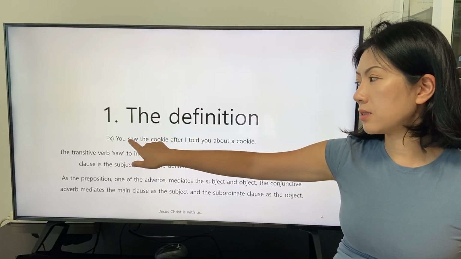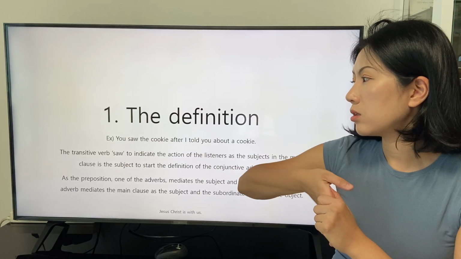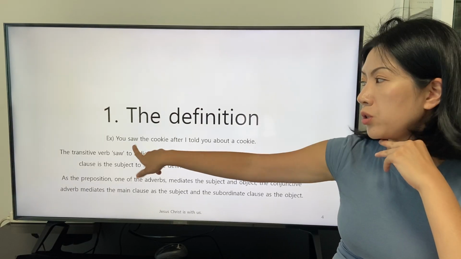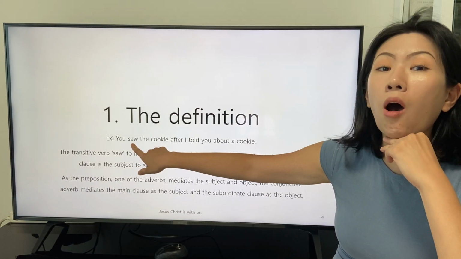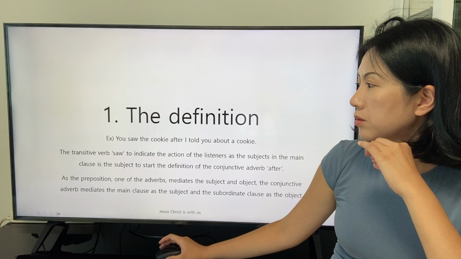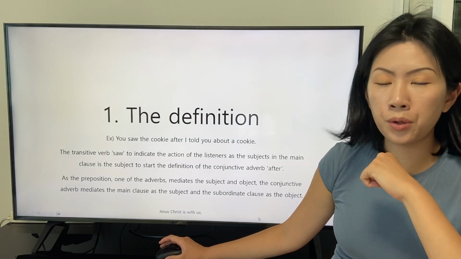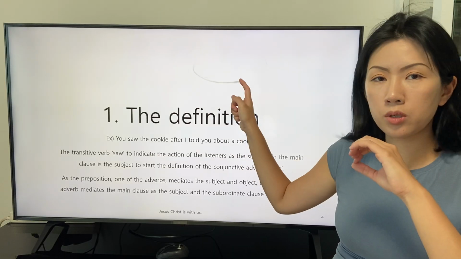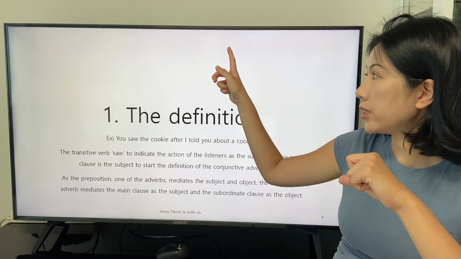So we can say that the definition of the conjunctive adverb after belongs to the transitive verb saw. So we can say that there are two parts.